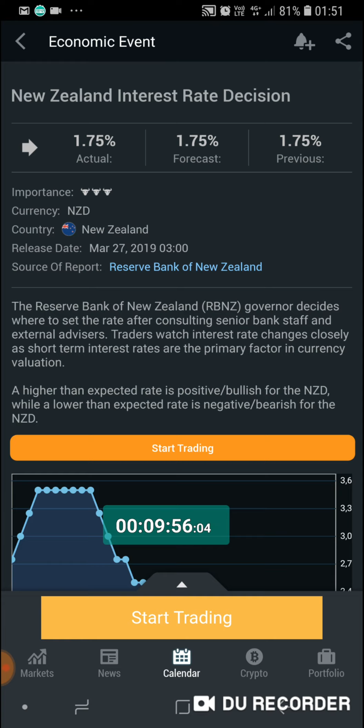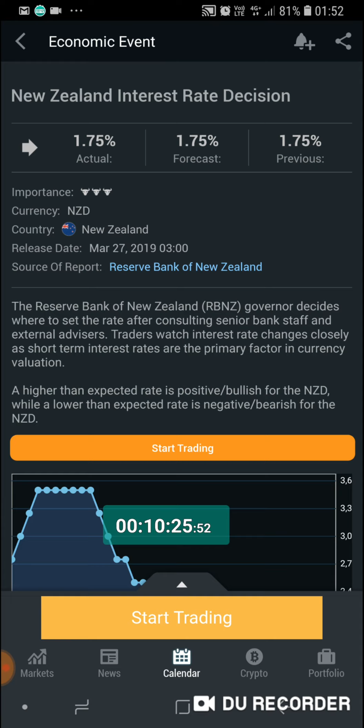A higher than expected rate is positive or bullish for NZD, while a lower than expected rate is negative or bearish for the NZD. Now they've explained to us in short. Positive or bullish, a higher expectation: when the actual goes up greater than the forecast, we should expect a bullish movement.